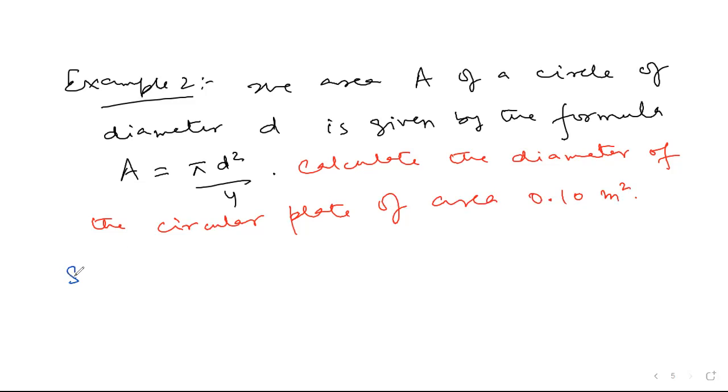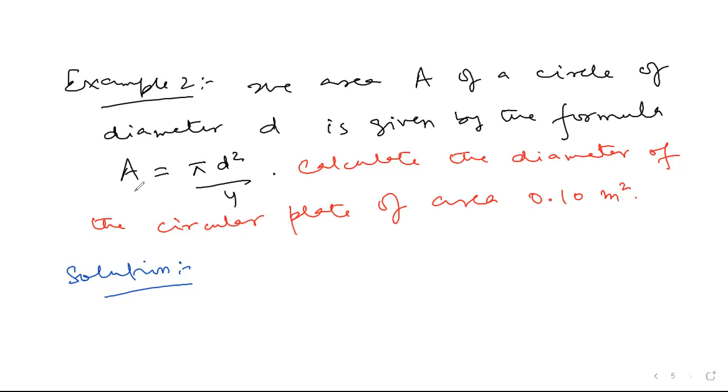So let us move to the solution. Let me check the question. The area A of a circle of diameter D is given by the formula A is equal to pi D square by 4. Calculate the diameter of the circular plate of area 0.10 meters square.